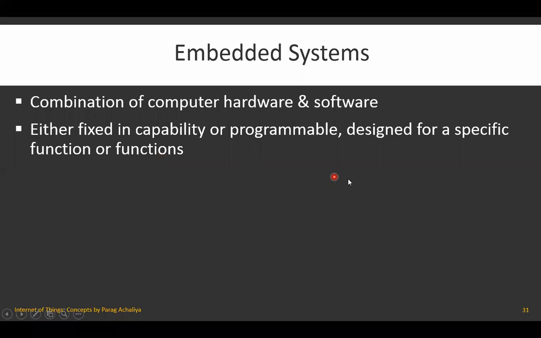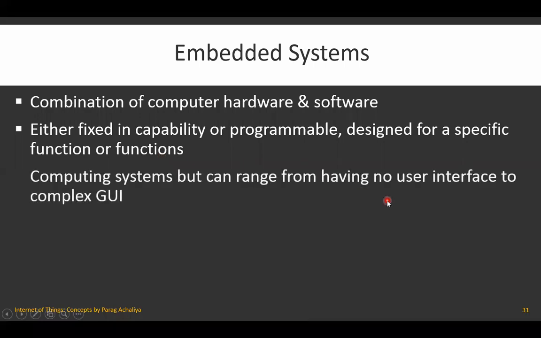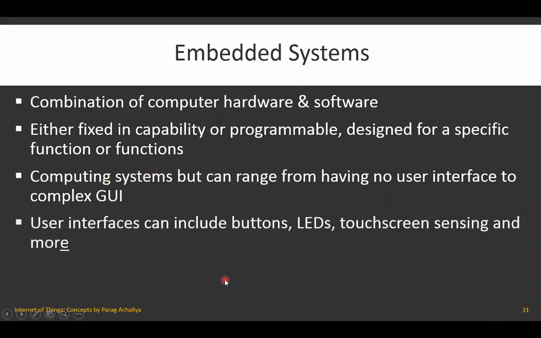Embedded systems are computing systems but can range from having no user interface to a complex graphical user interface.